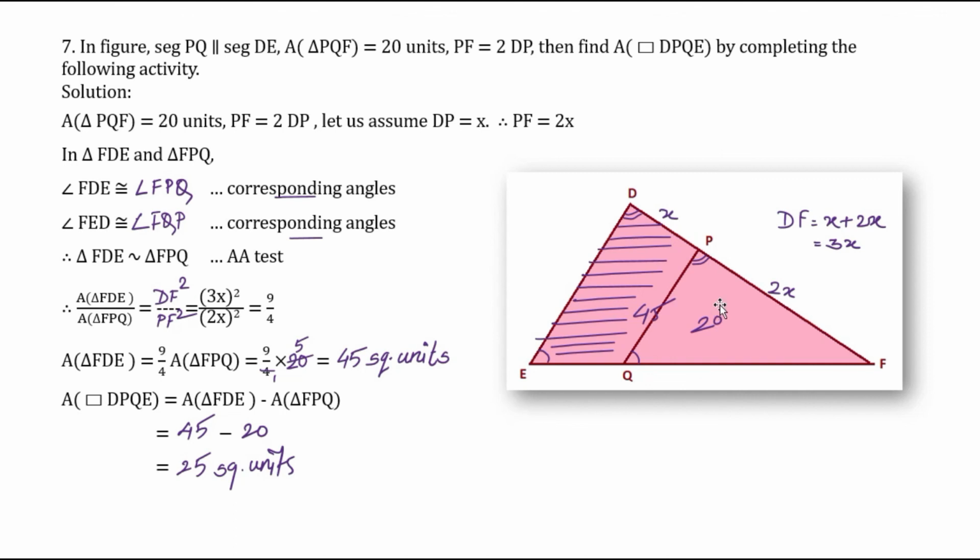This shaded region is quadrilateral DPQE. This is a trapezium, because these two sides are parallel and these two sides are not parallel to each other. So the area of quadrilateral DPQE is equal to 25 square units. This is the desired answer for this problem.